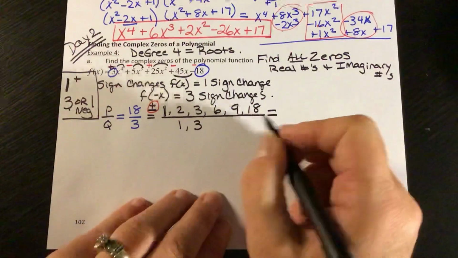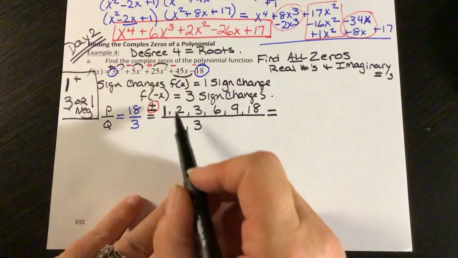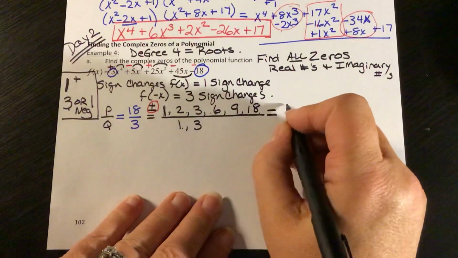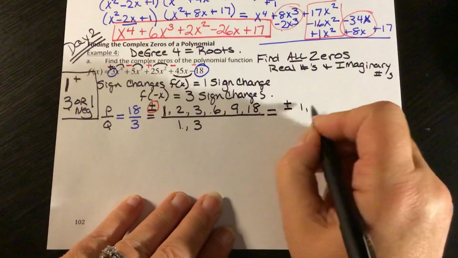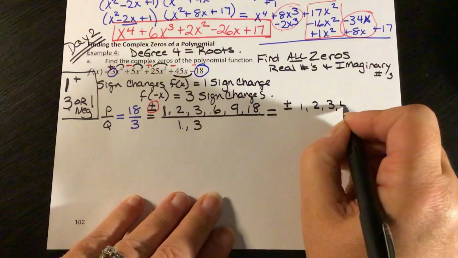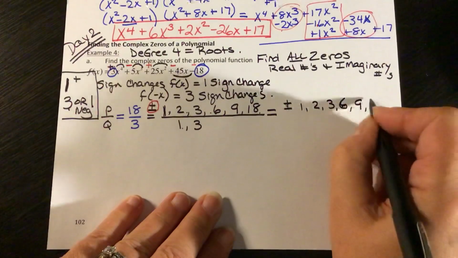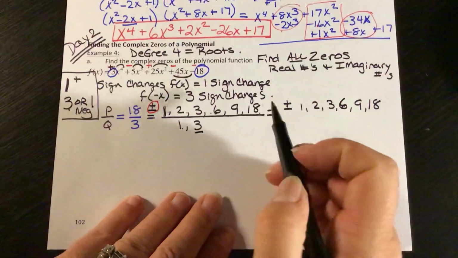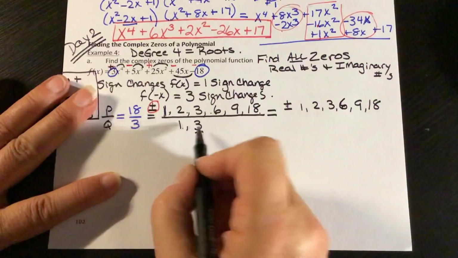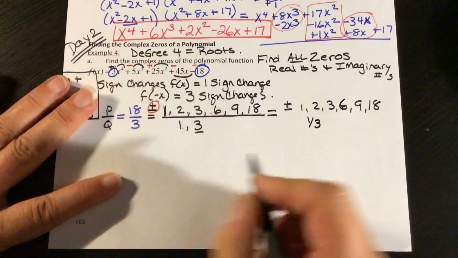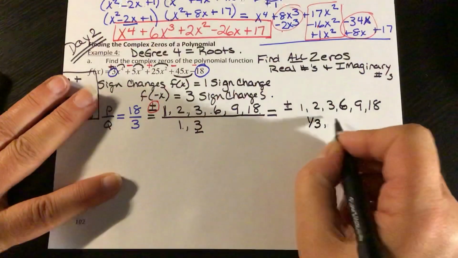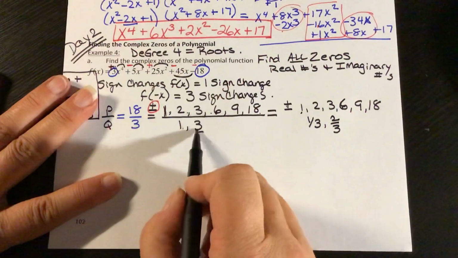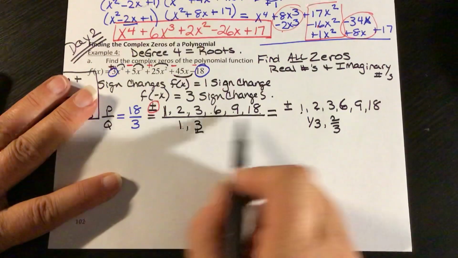So my possible roots are all of these numbers divided by 1. So I can have plus and minus 1, 2, 3, 6, 9, 18. Now I need to take all of these numbers and divide them by 3. So 1/3 could be a possible root. 2/3 could be a possible root. 3/3 is 1. 6/3 is 2. 9/3 is 3.